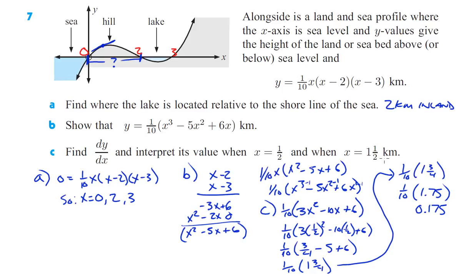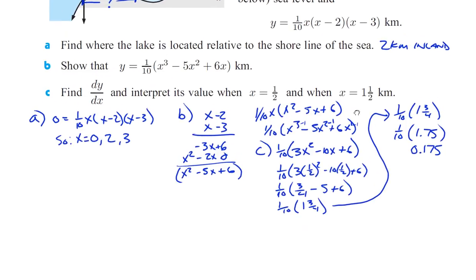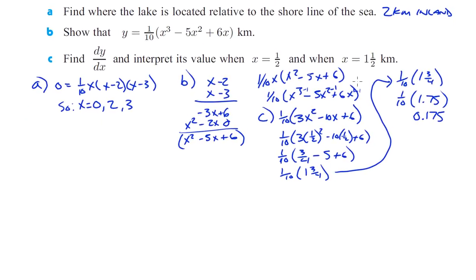Okay. Now if we plug in 1.5, let's see, I'm going to move this up here so we have some more room. All right, so we plug in 1.5 into this. So we've got 1/10 of 3 times 1.5 squared minus 10 times 1.5 plus 6.